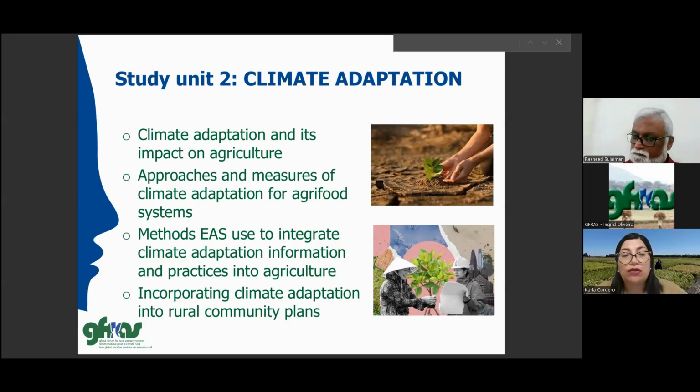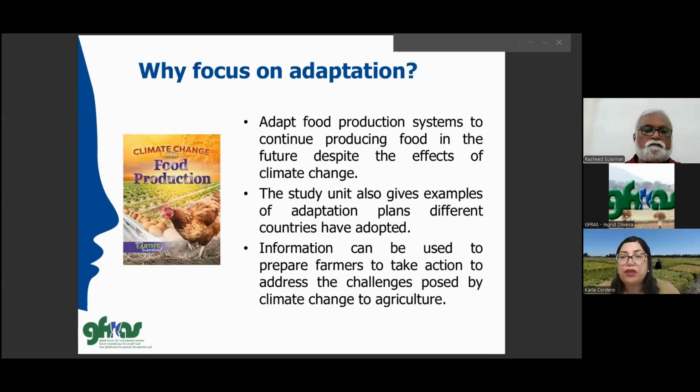It also covers methods using extension and advisory services to integrate climate adaptation information and practice into agriculture, and incorporating climate adaptation into rural community plans. That's the point where all the knowledge goes to the farmers and is used.